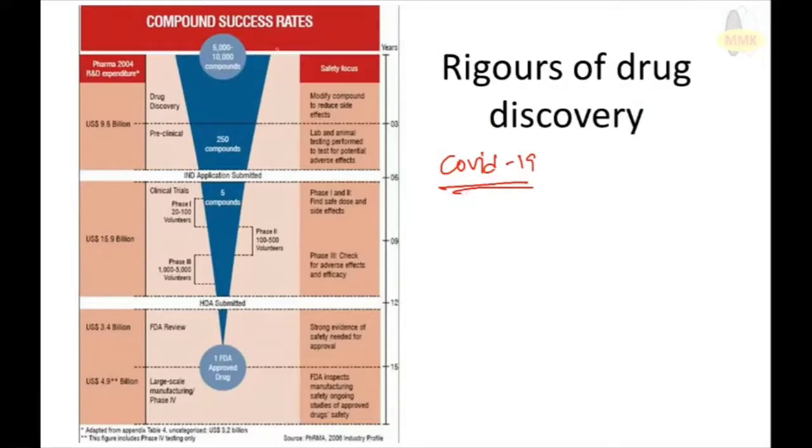A pharmaceutical company will synthesize thousands and thousands of molecules, and they will put them through screens, because drug discovery happens via a stage-wise screening process. In the beginning, they will choose an in vitro model and screen the molecules, and then those molecules which have shown antiviral properties will be chosen and sent to clinical trials.